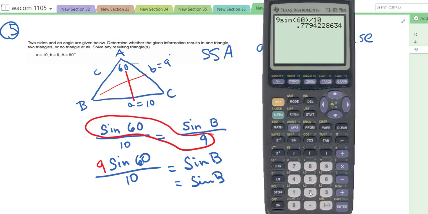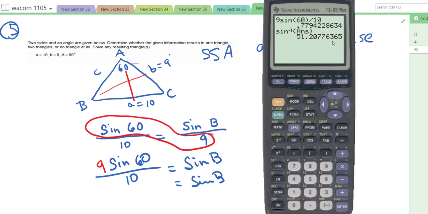Now that is the sine of B, but I don't want the sine of B, I want B. So I'm going to leave that sitting in my calculator, and I'm going to do inverse sine. So I'm going to do second sine inverse, and then second answer to make that value go into there, and enter. And that will give me what B should be.